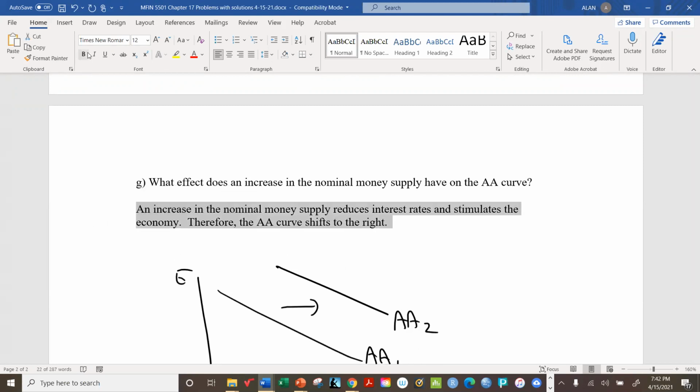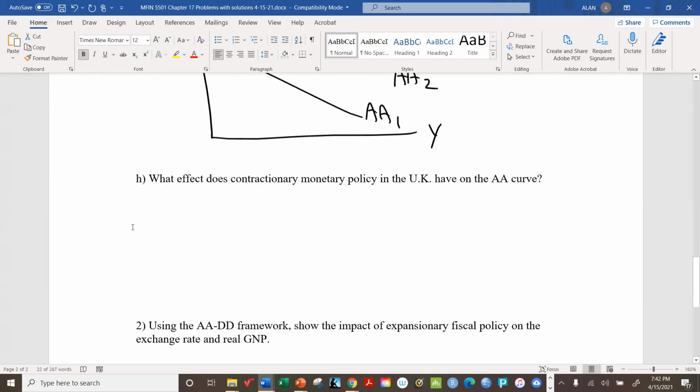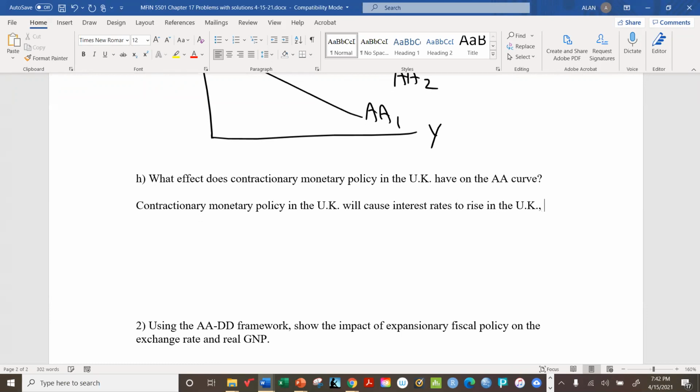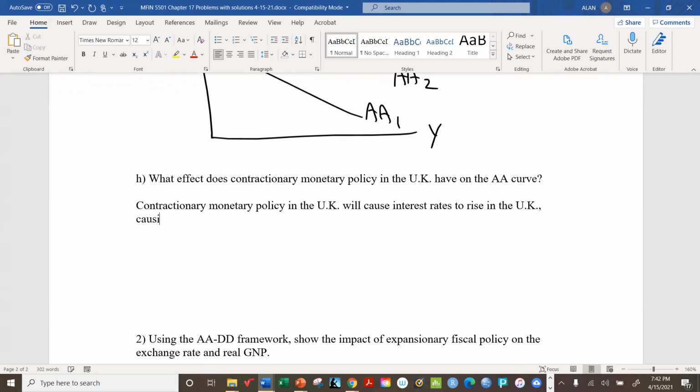But contractionary monetary policy in the UK will cause interest rates to rise in the UK, causing the dollar to weaken, which should stimulate US exports.